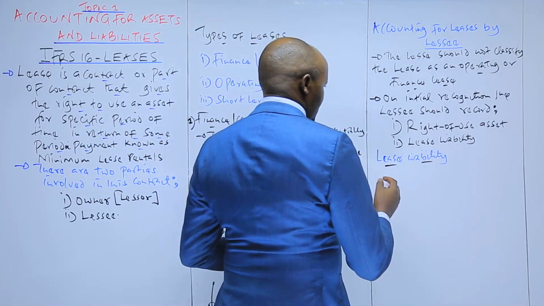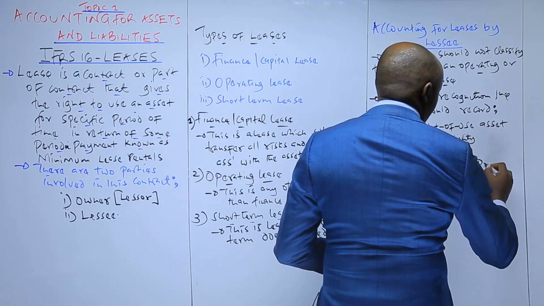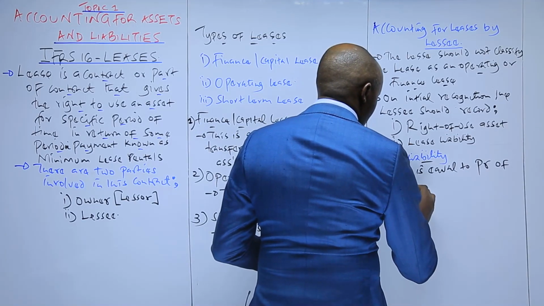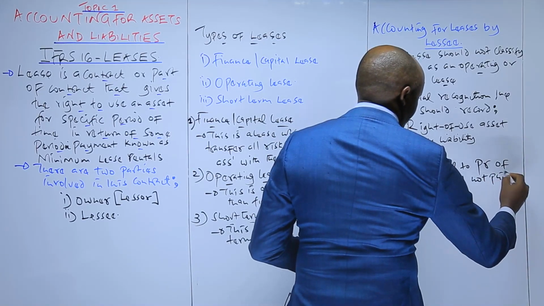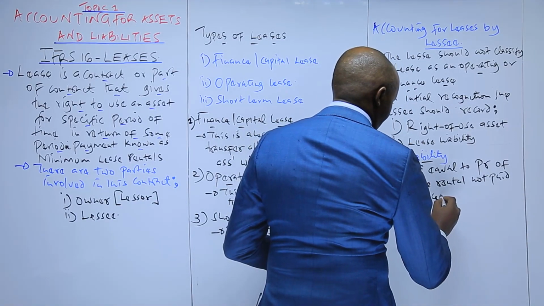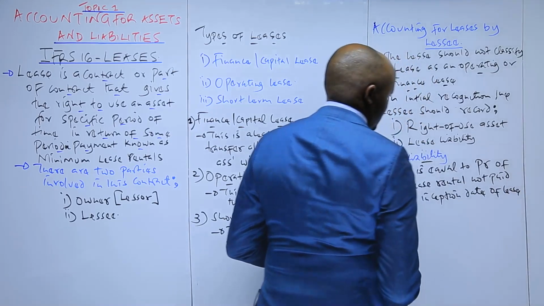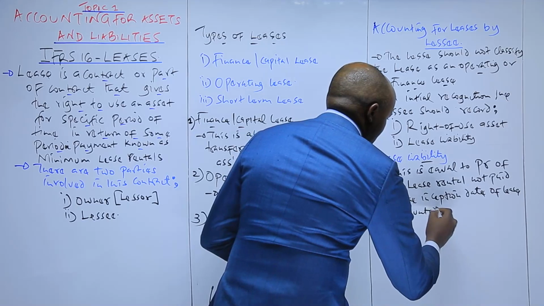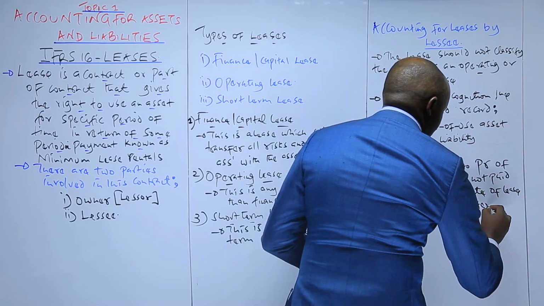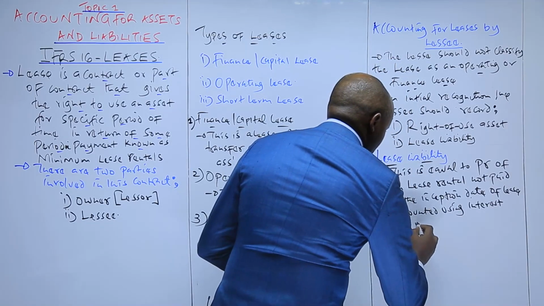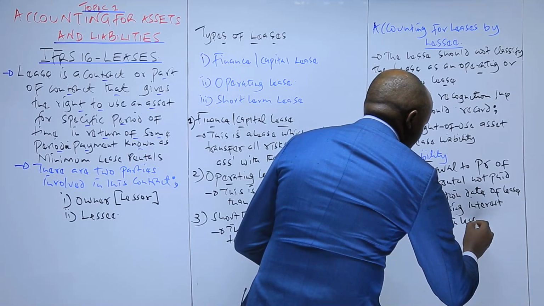In this case, we can say that the lease liability is equal to the present value of minimum lease rentals not paid at the inception date of the lease, discounted using the interest rate implicit in the lease. Implicit in what? In the lease.